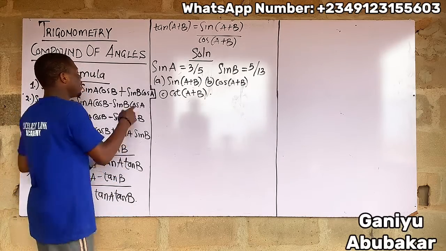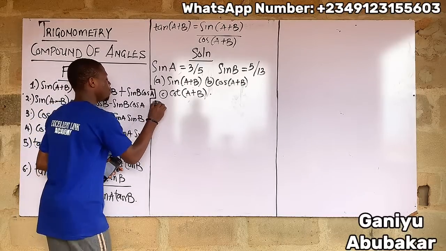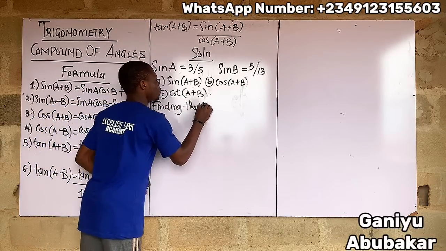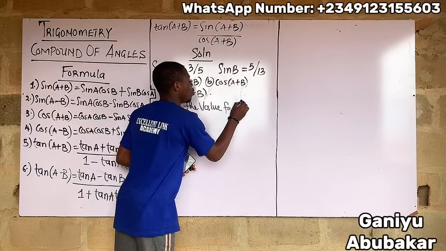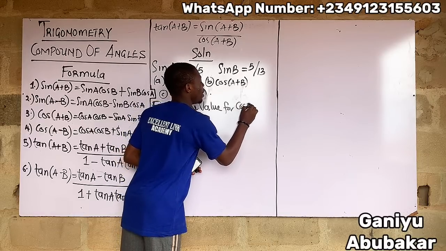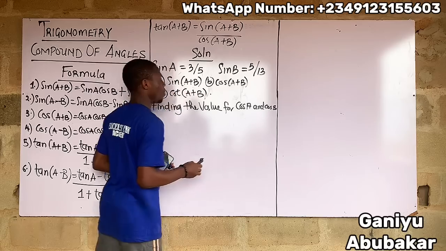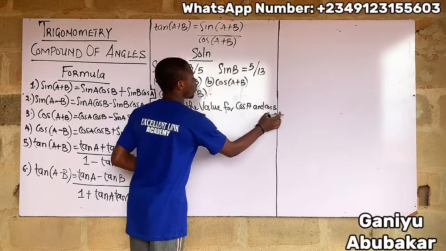So let's find the actual value for cos A and cos B. How do I get cos A? How do I get cos B?